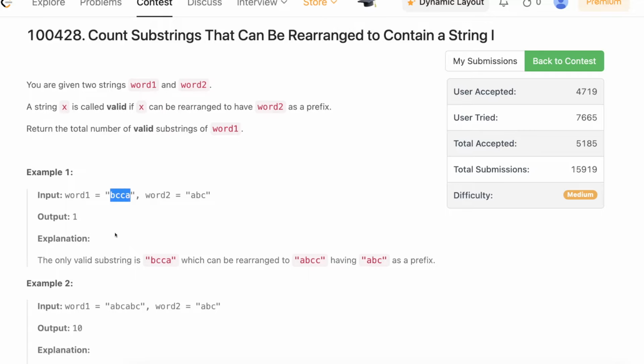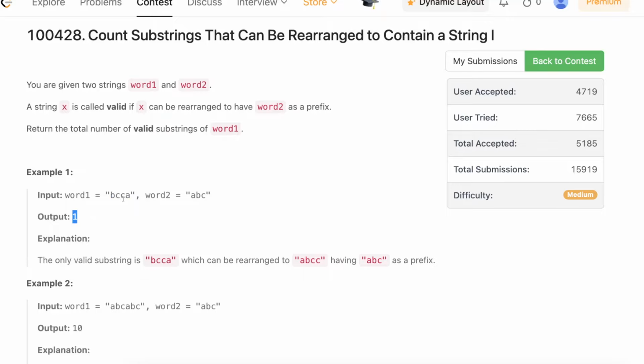Finally, BCCA, this is a valid one. Why? Because you can rearrange it to form a string ABCC which has ABC as the prefix. So overall, you found just one valid substring and hence the answer here is 1. So hope the problem statement is clear.